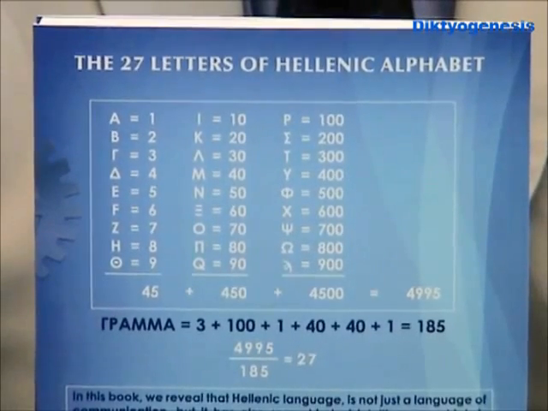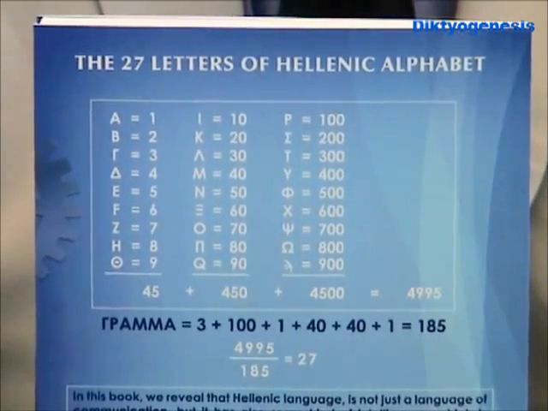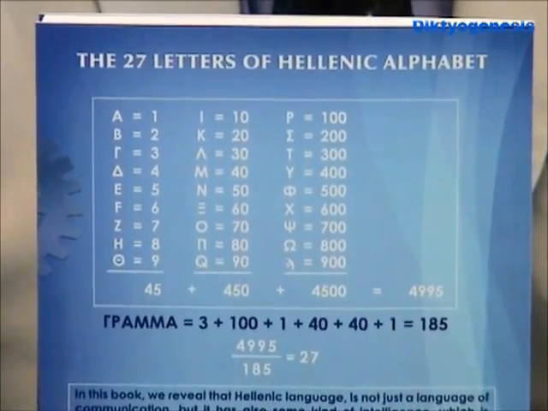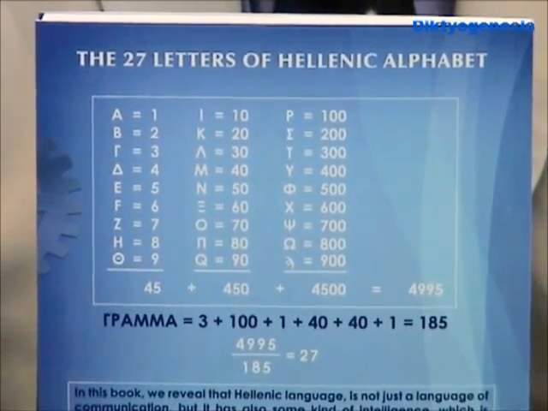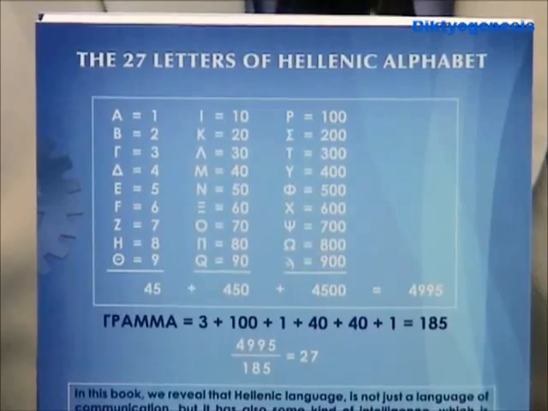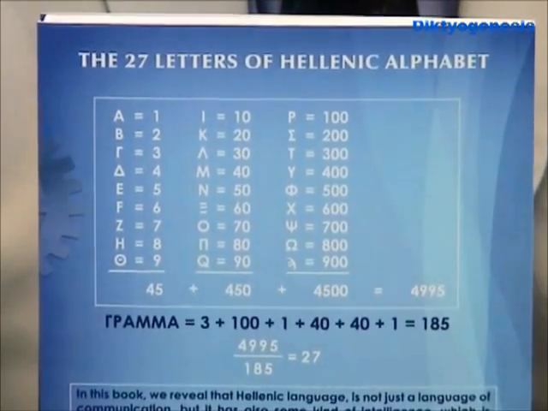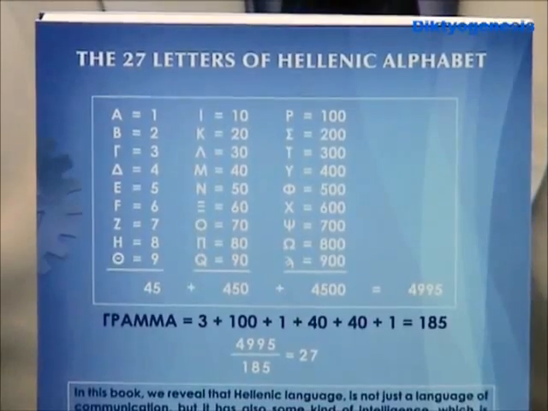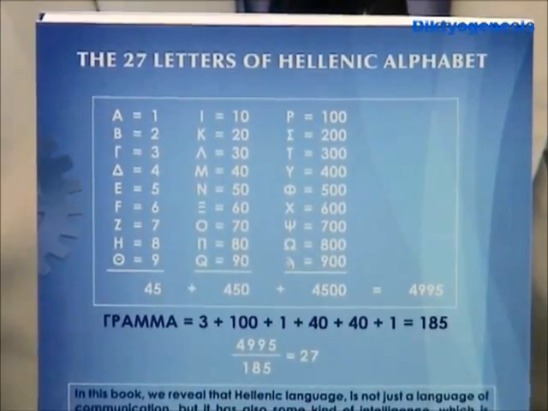This is the first observation that we will make here, but the second observation, and the most important one, which proves that Hellenic language knows the constructive data of the Hellenic alphabet corresponding to the multitude of the letters, is the one that will follow.